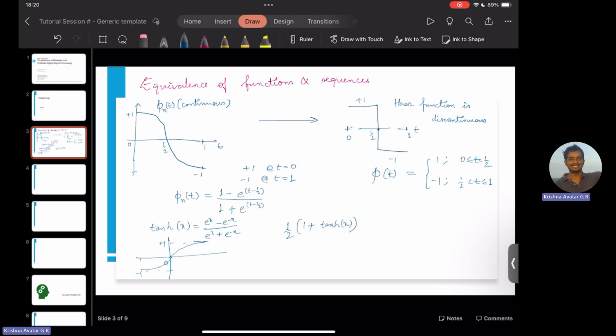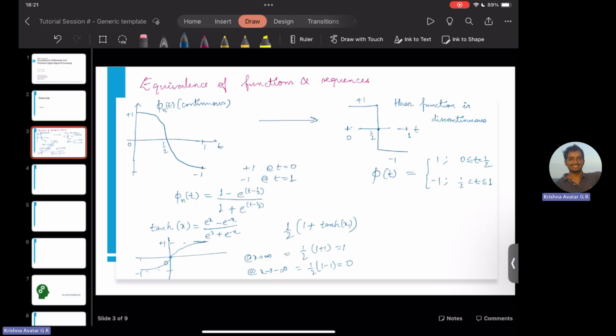At x equal to 0, of course, it's giving 1 plus 0, so half. And as x tends to infinity, it gives us the value of 1, so 1 plus 1 over 2. And as x tends to minus infinity, it seems to give us 1 minus 1, which is 0.